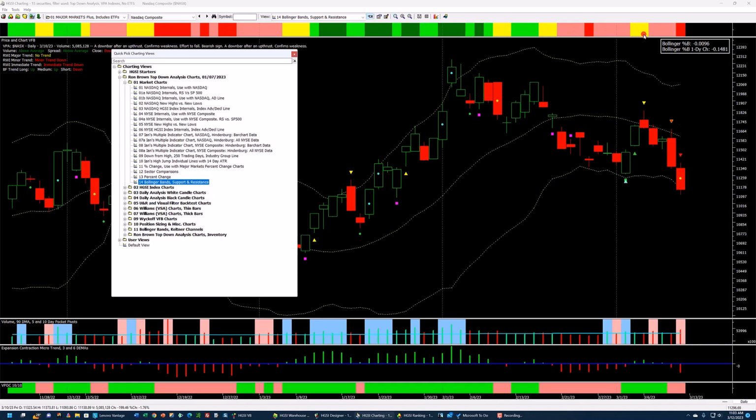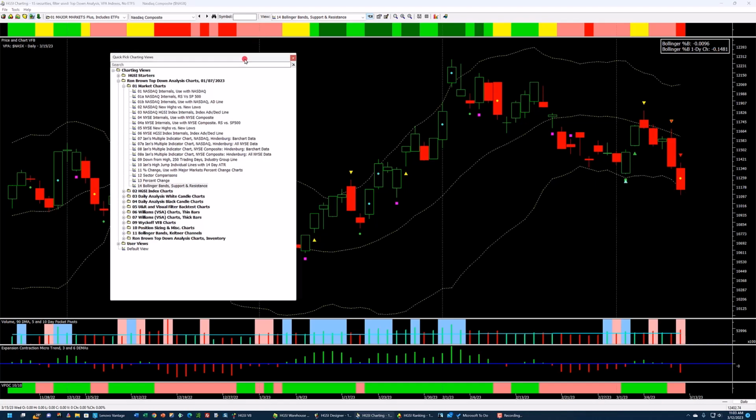This is a Bollinger ribbon up here. Here is where the Bollinger percent B closed today, outside the band at minus 0.0096, and the percent one-day change is minus 0.1481, a big move.